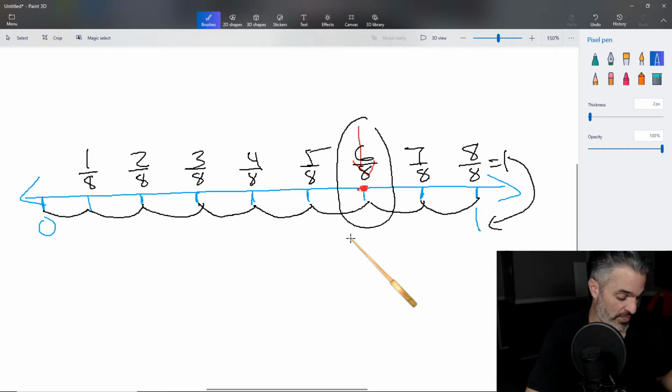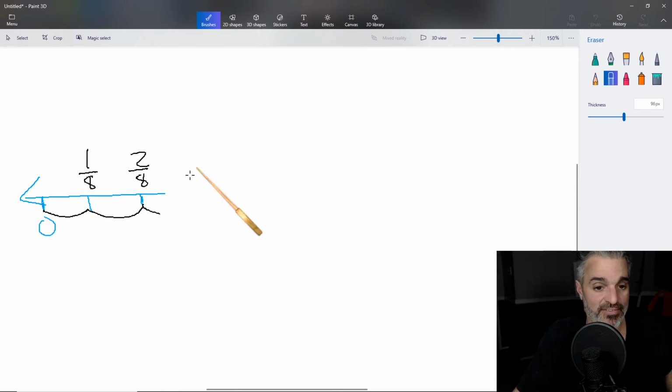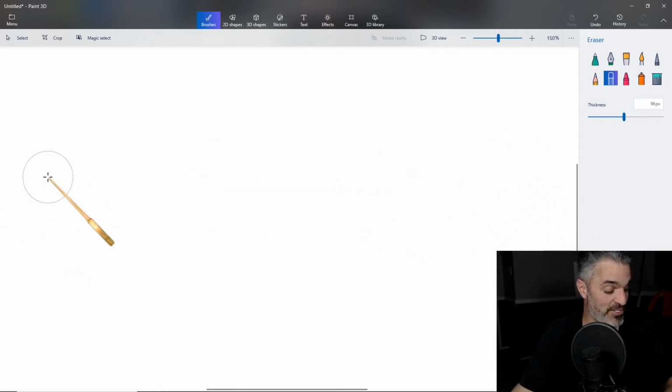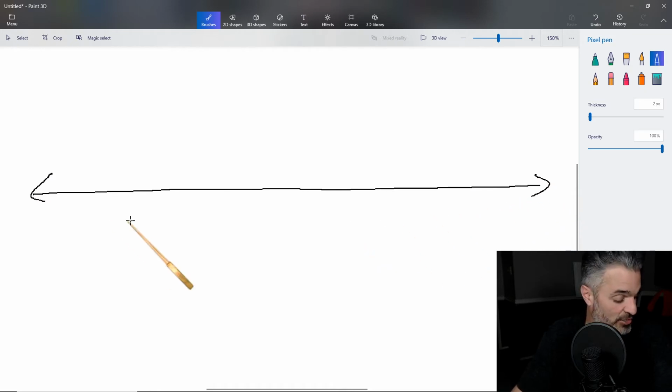Okay, so let's go to the next page. On the next page, we're still trying to find fractions on a number line, but these are mixed numbers. So here, what you have to notice is that on the number line, for example, I'm going to do the first one.